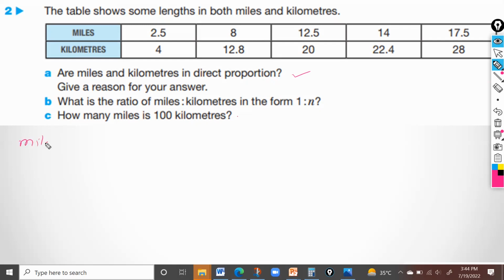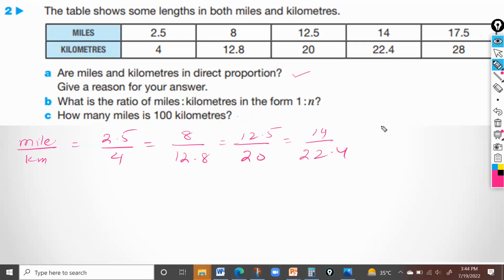Like here, miles over kilometers. If we take miles, it is 2.5 divided by 4, and we check whether this equals 8 over 12.8, equals 12.5 upon 20, equals 14 upon 22.4, equals 17.5 upon 28. All of you must check, take your calculators and check what answer you get when you divide all these numerators by the respective denominators.